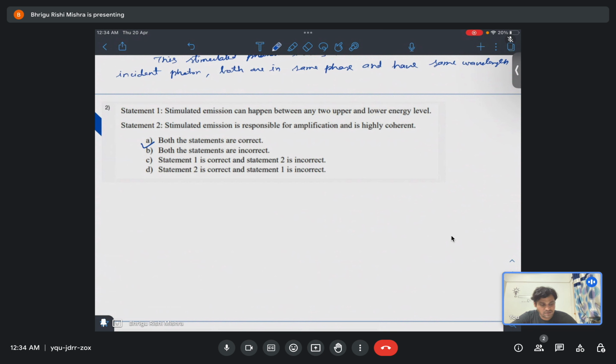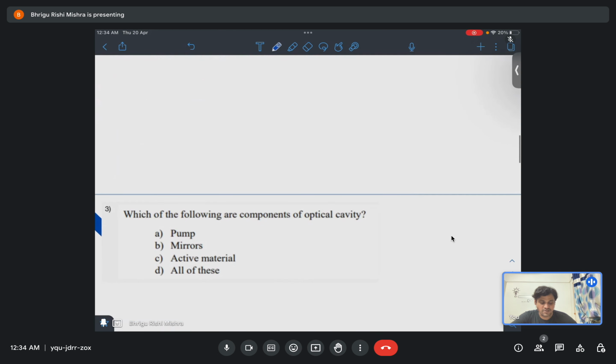Depending upon this difference, we have laser light with a different wavelength, different frequency. And yes, as just said, the stimulated emission is responsible for the amplification, and it is highly coherent with the incident photon, of the same energy.